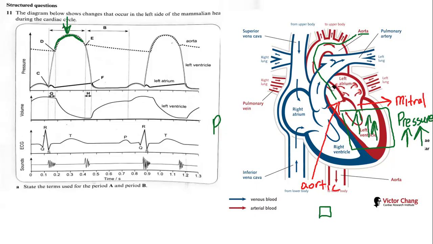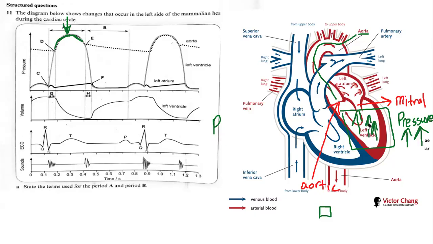What would cause the aortic valve to shut? Eventually it's going to open and blood is going to pass through, but what causes this valve to close? Would that not be when the blood flows through, therefore there will be less volume in the left ventricle, therefore having a lower pressure? Exactly. So that will cause the valve to shut to prevent the backflow of the blood back into the left ventricle.